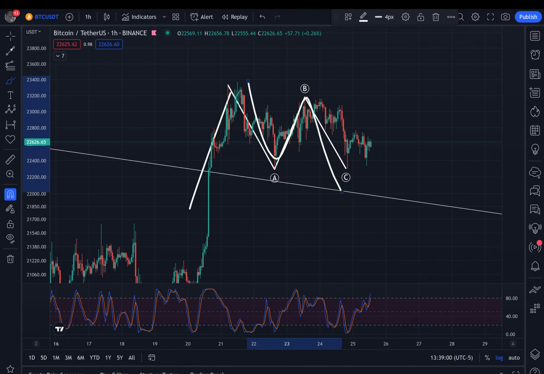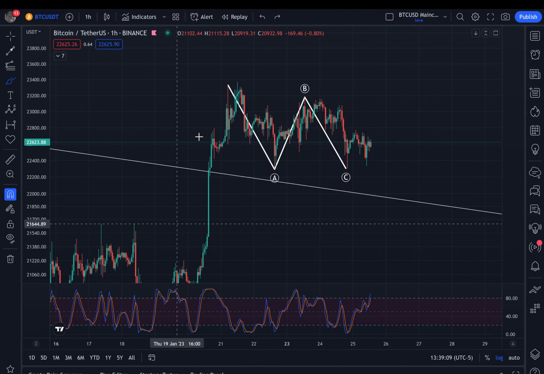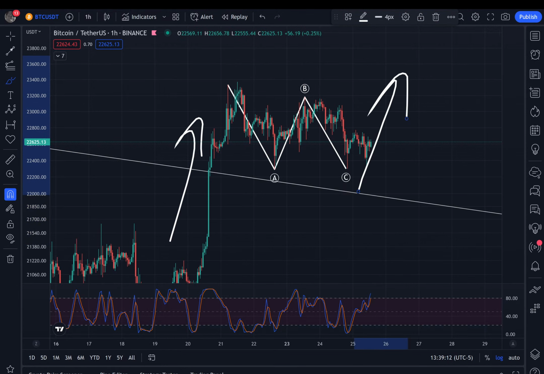So this intrawave correction may very well be finished, which means that the general trend of the market, continuing the uptrend, may very well proceed very soon, if not imminently. So we're gonna look at that today.